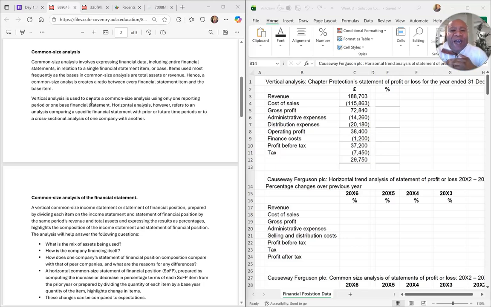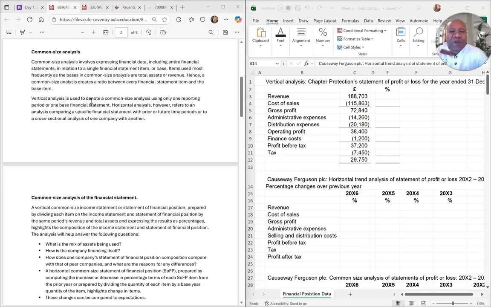So all other items used in the financial statement are expressed to one single financial statement item. And the most common items used in analysis are total assets for the statement of financial position, or revenue for the statement of profit and loss.